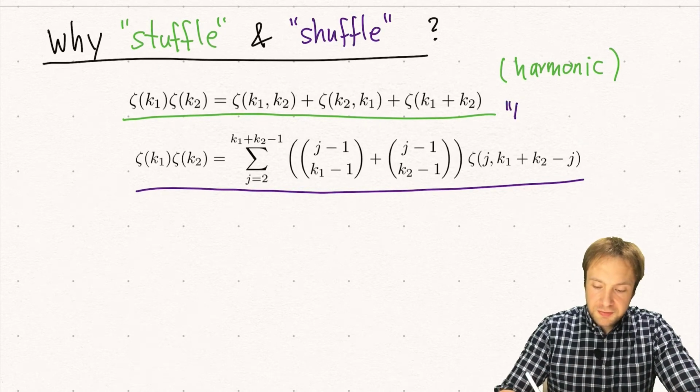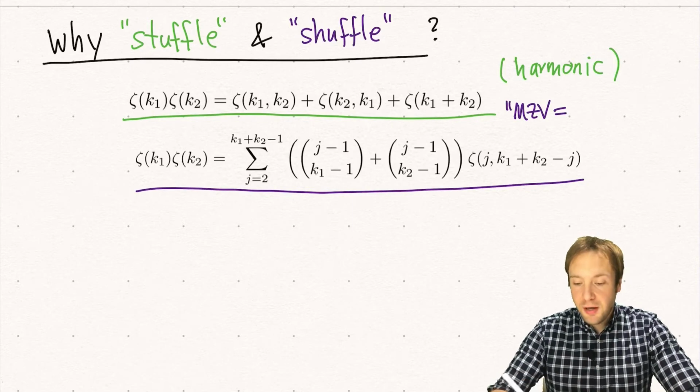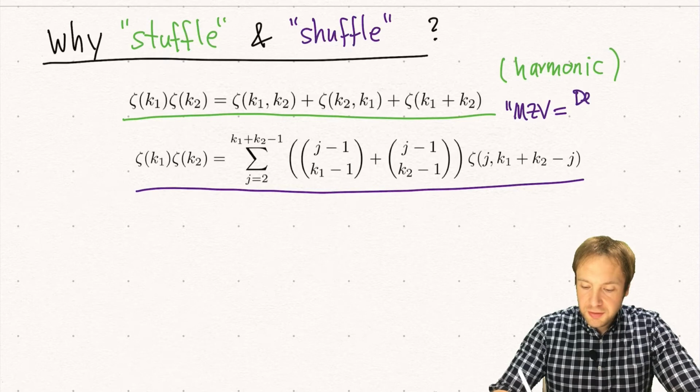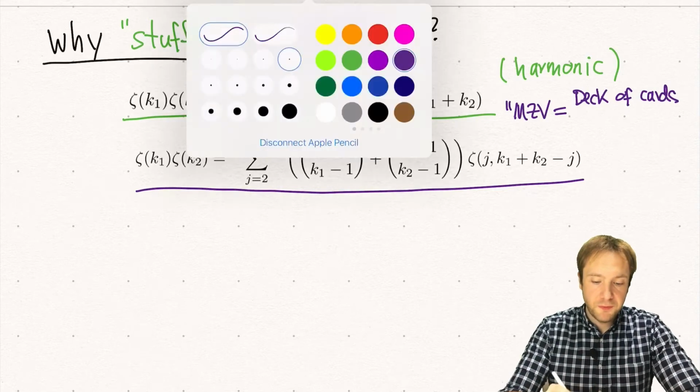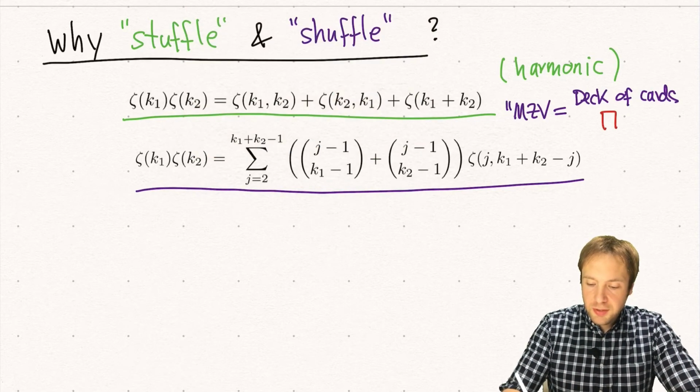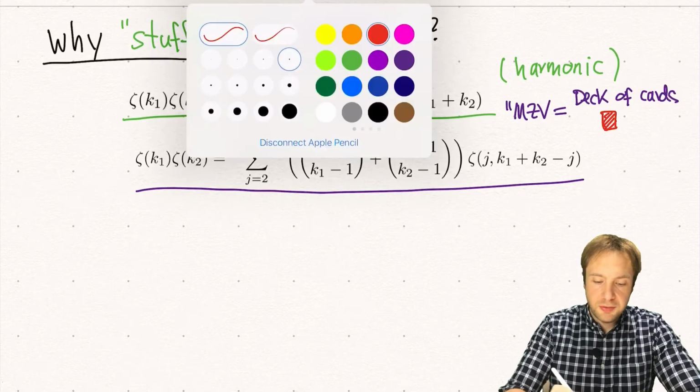So the idea is that multiple zeta values can be seen as decks of cards. So a multiple zeta value is a deck of cards where we just have two types of cards, red cards and blue cards.